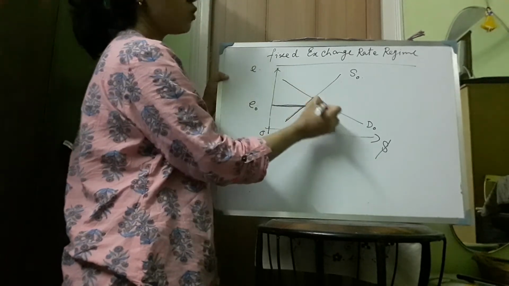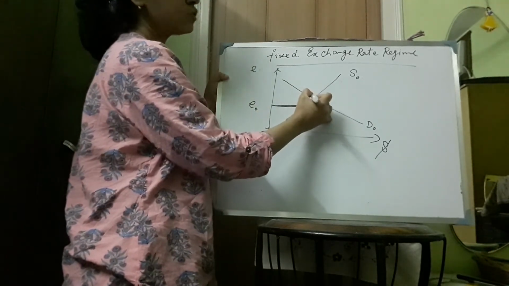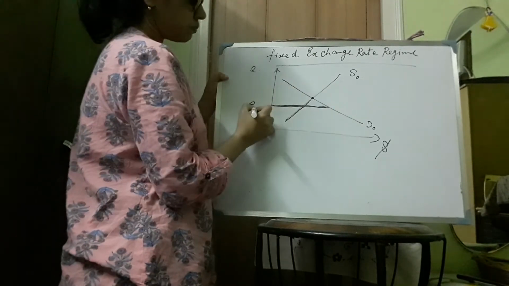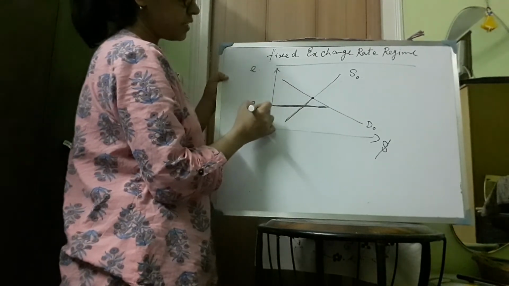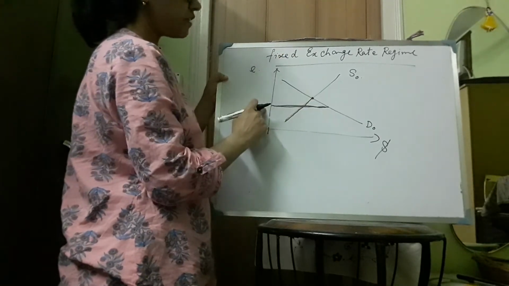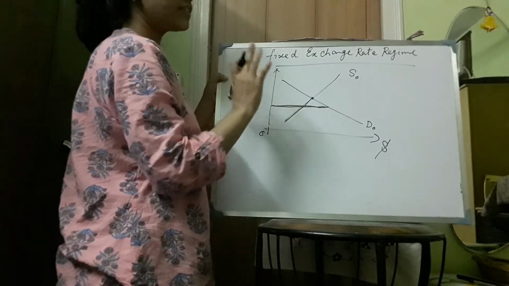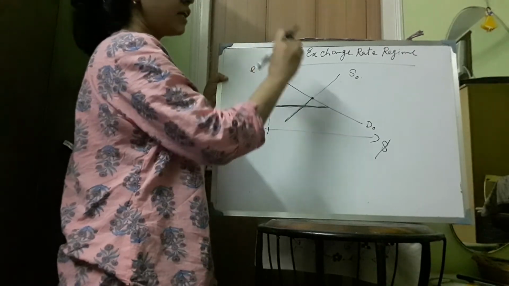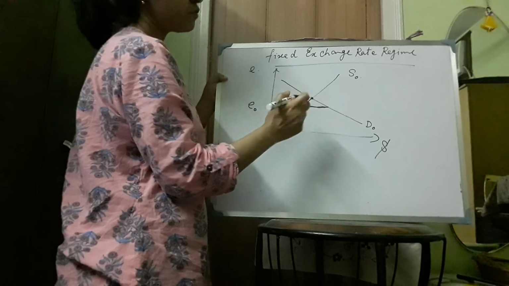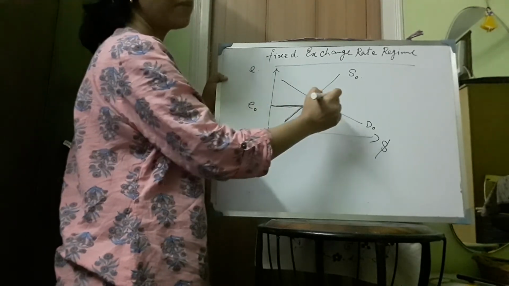This is below the equilibrium point. The equilibrium point is here, but the actual exchange rate in the economy is E0 because we are in the fixed exchange rate regime, and under it the exchange rate need not be determined at the equilibrium point of the supply and demand curves. So the exchange rate is fixed here by the government.